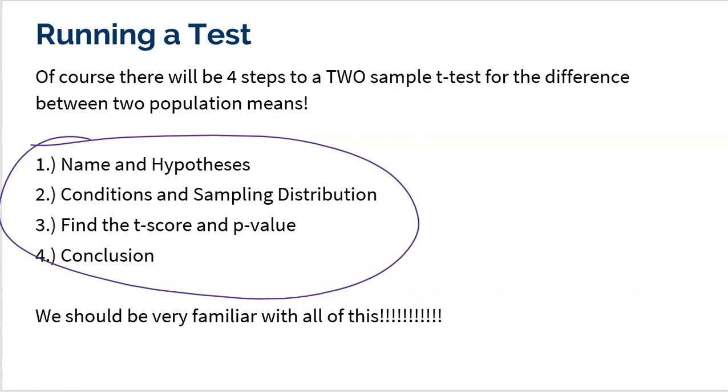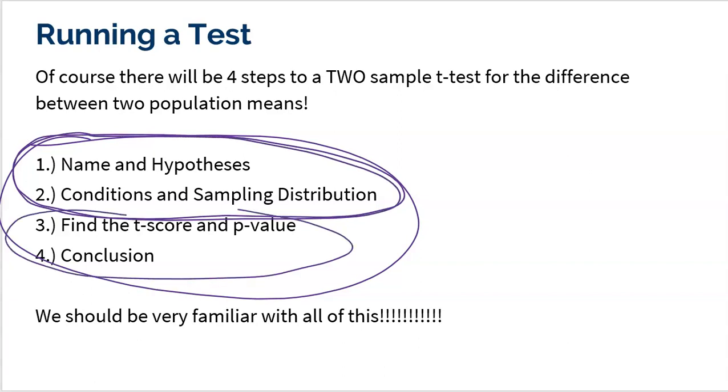We should be very familiar with these steps. Technically, 7.8 is steps 1 and 2, and 7.9 is steps 3 and 4. But I think we've learned all this enough that we can put it all together in one video and save you some time.